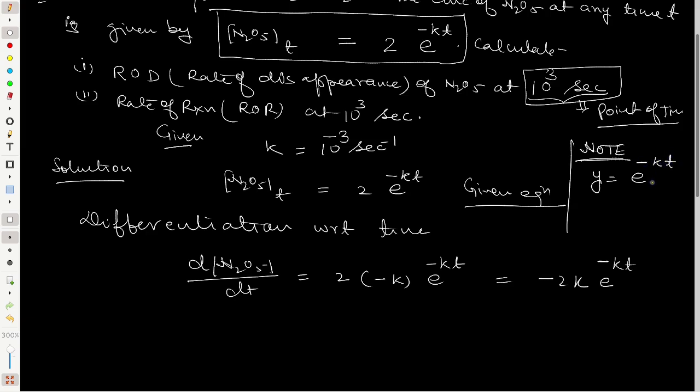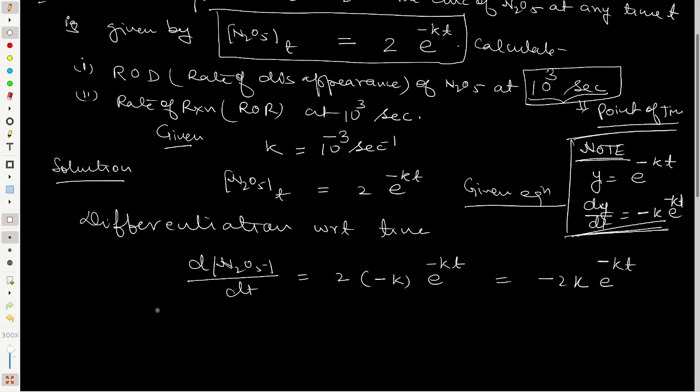If you differentiate this, then dy/dt is equal to minus k e to the power minus kt. This is the way, the method of the differentiation. You should keep it in your mind.